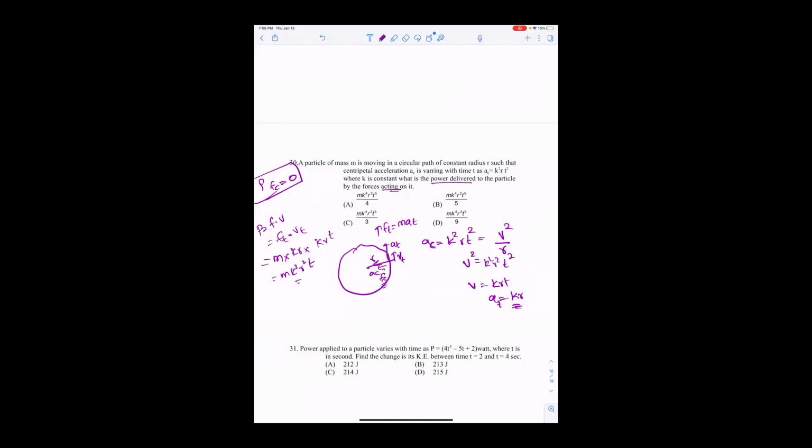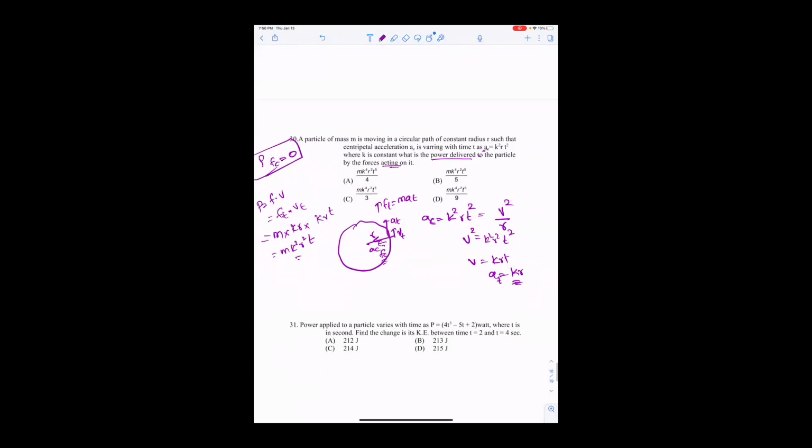The acceleration, which is v²/r, I have differentiated, tangential is k into r. Then tangential velocity is krt. Power is this only, right? F tangential dot velocity.